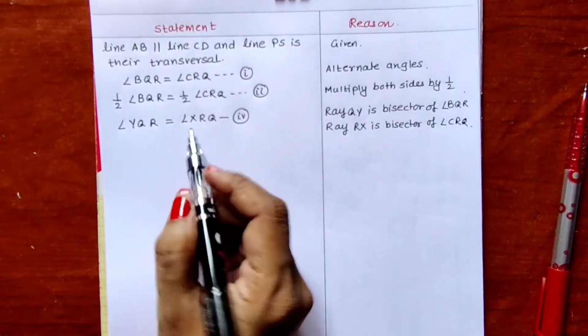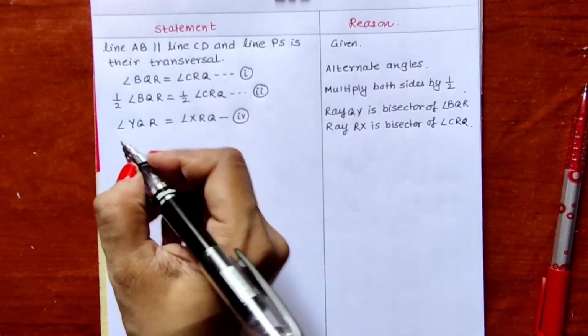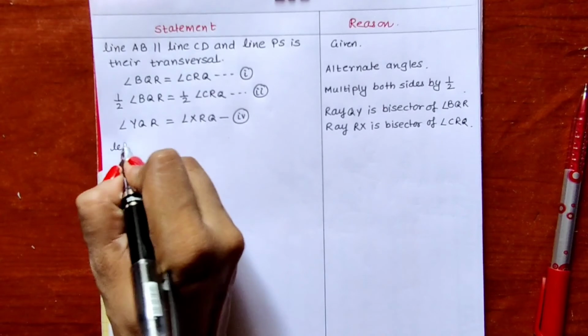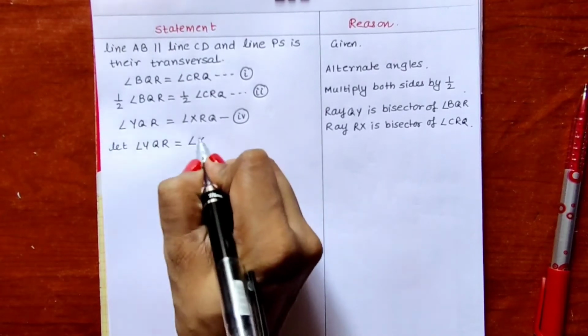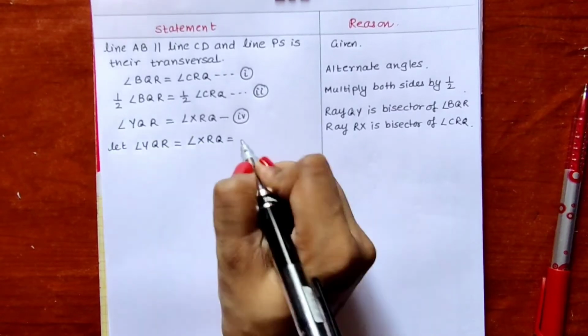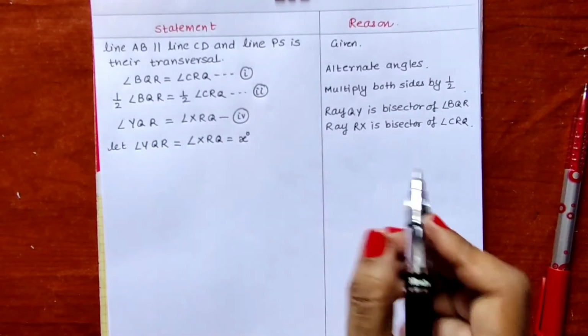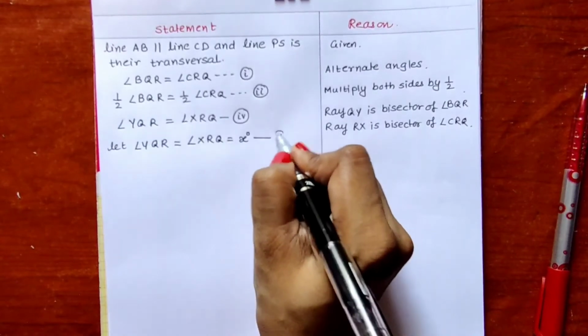As we have shown both these angles equal, let us take any measurement for them. Let angle YQR is equal to angle XRQ is equal to x degrees. This will be our fifth statement.